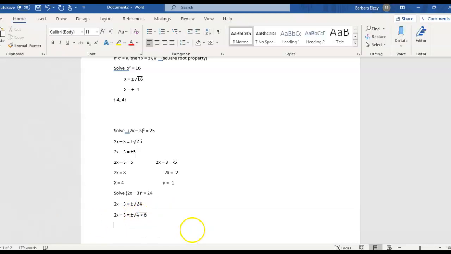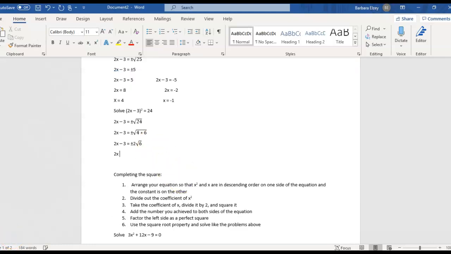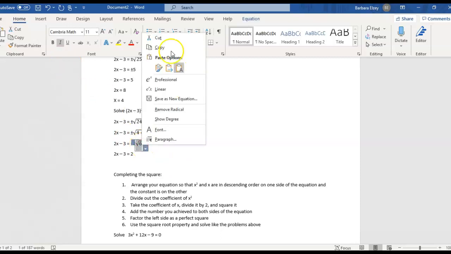That is going to give us 2x minus 3 equals plus and minus 2 square root of 6. So now, again, there are two equations to solve. 2x minus 3 equals positive 2 square root of 6. I'm just going to copy and paste that, to make it easier.